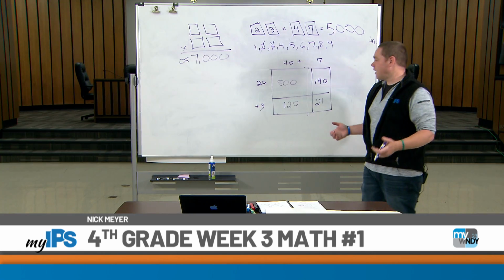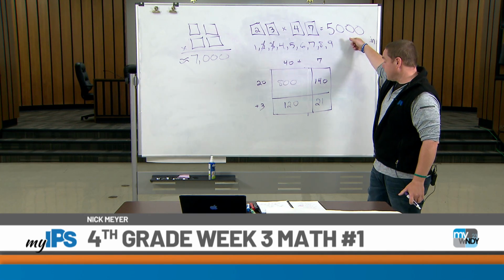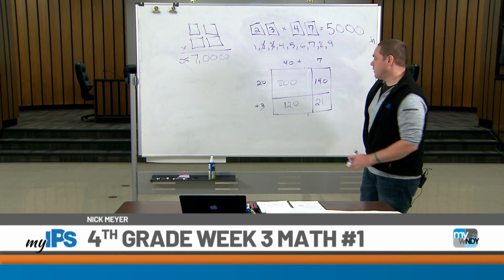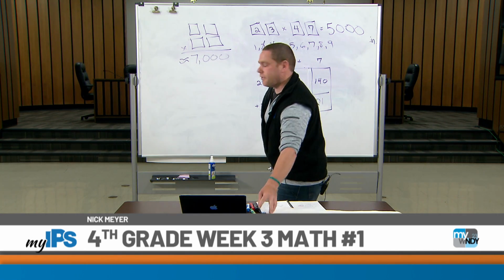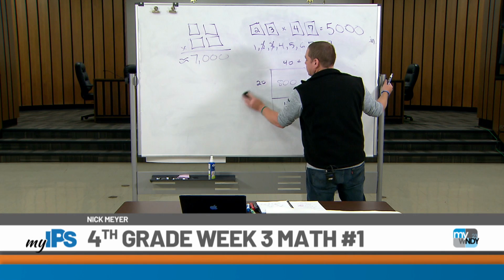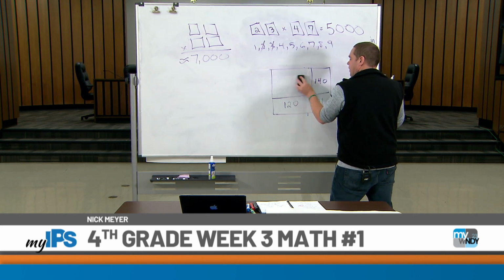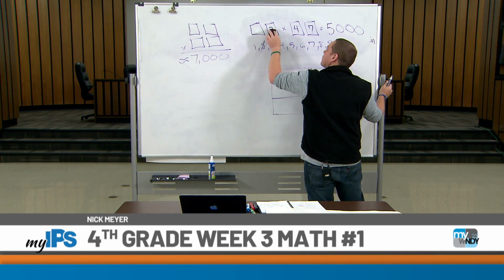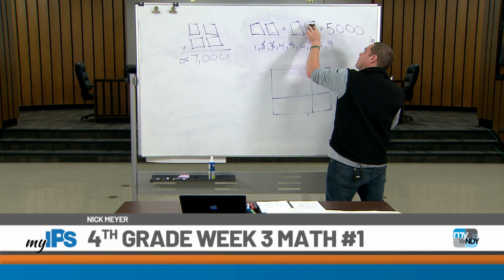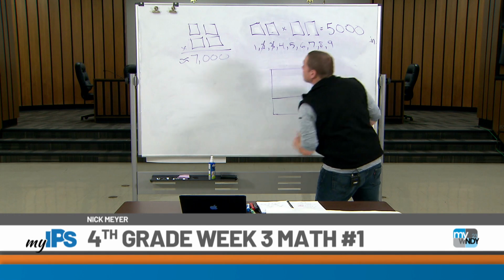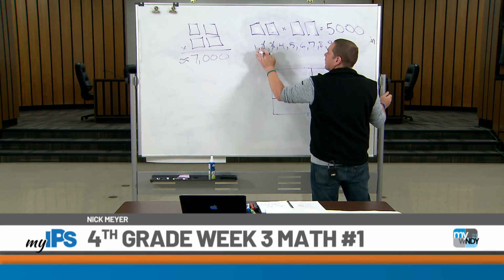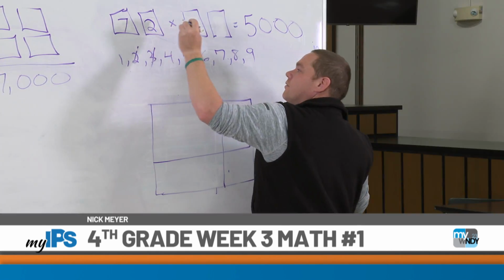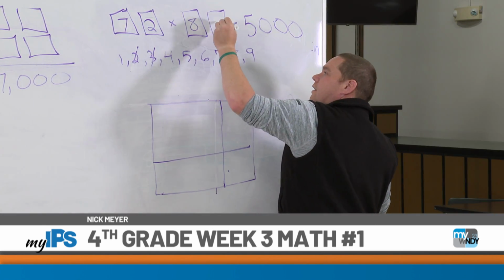Just estimating right there, I'm nowhere close to 5,000. I have 800 plus 120 plus 140. I need something bigger. So let me try a little bit larger numbers. That was too small, so let's try 72 times 83.